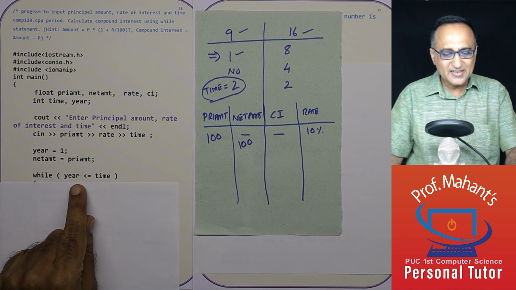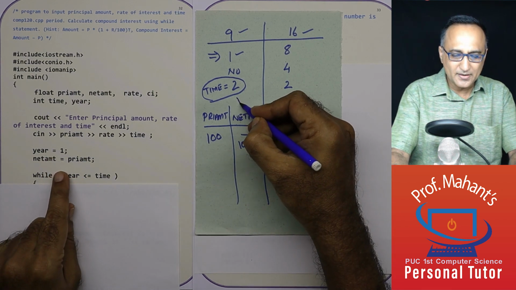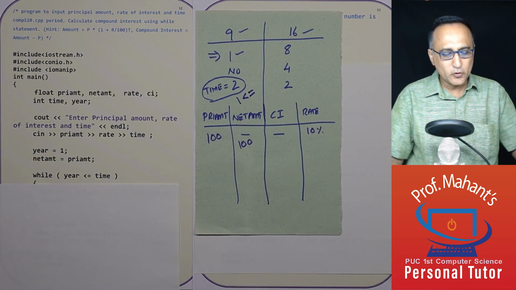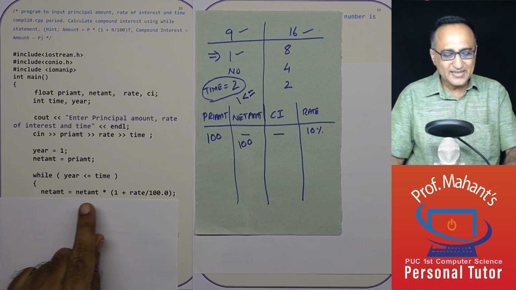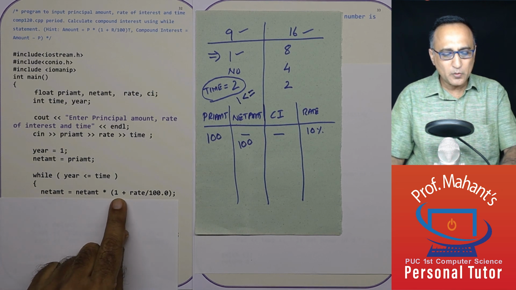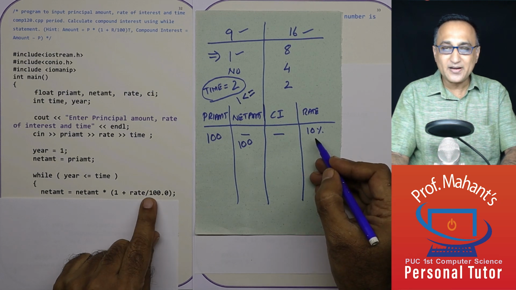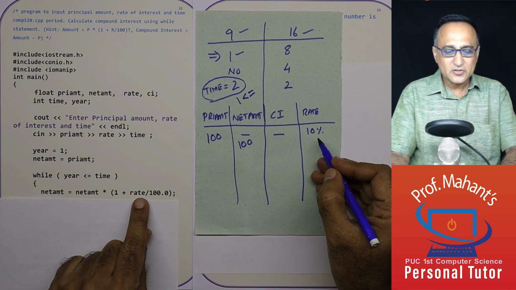Now the condition is like this: as long as year is less than or equal to time. What is the value of year? Year is 1. As long as 1 is less than or equal to 2, I am going to do the following step. I am going to say net amount is net amount multiplied by 1 plus rate upon 100. Rate is 10. 10 upon 100 is 0.1, so 1 plus 0.1 is equal to 1.1.